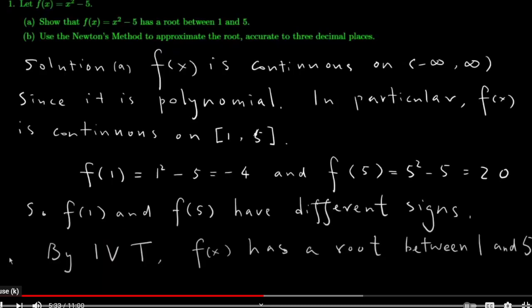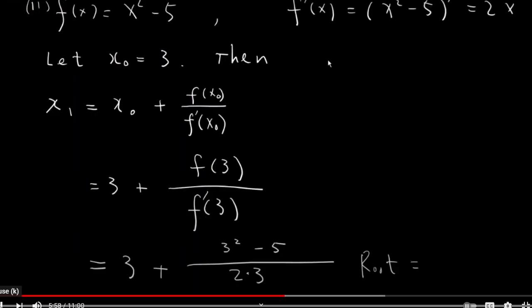To show the function has a root between two numbers, we use the intermediate value theorem. Verify the two conditions: the function is continuous on the closed interval, and the values of the function at the two numbers have different signs. One is negative, the other is positive. Next, choose an initial estimation. Use a nice number on the interval, like the midpoint.